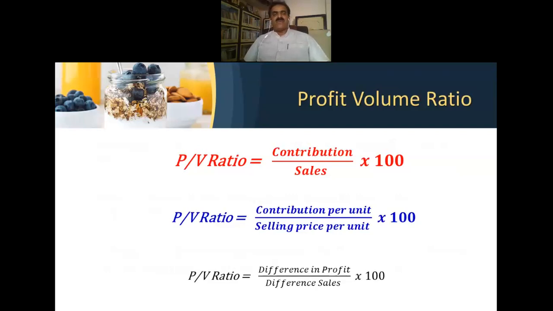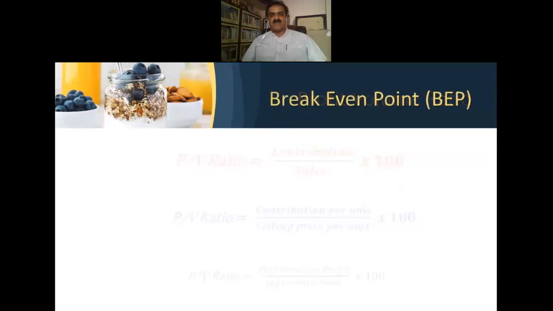Another way is when the profit and sales are given for two different years or periods: the PV ratio can be calculated as the change in profit, or the increase in profit, divided by the change in sales into 100. These are the three different formulae available for calculation of the profit volume ratio.